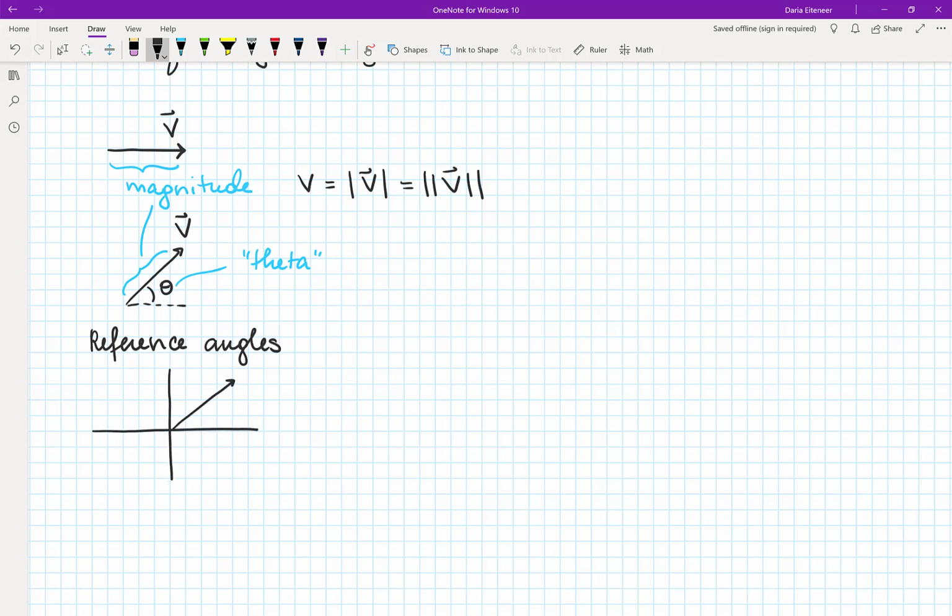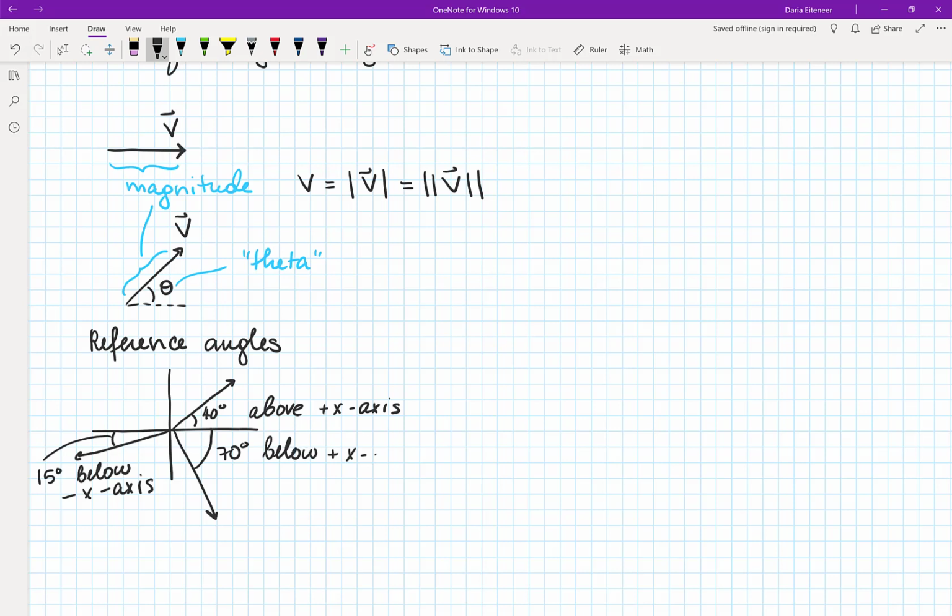So for example, something like this, I could say that this is 40 degrees above positive x-axis. Something like this, I could label as, let's say, 15 degrees below negative x-axis. And maybe something like this, I could say 70 degrees below positive x-axis. So I'm kind of indirectly denoting which quadrant this reference angle is going to be in.